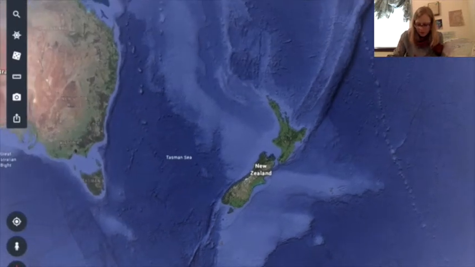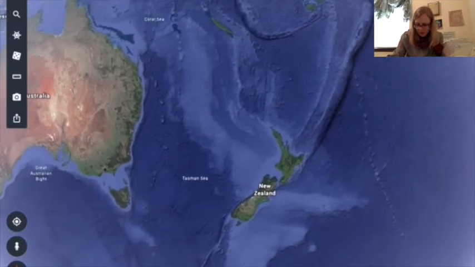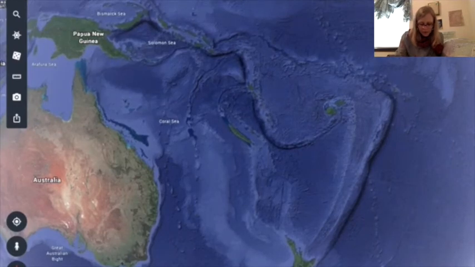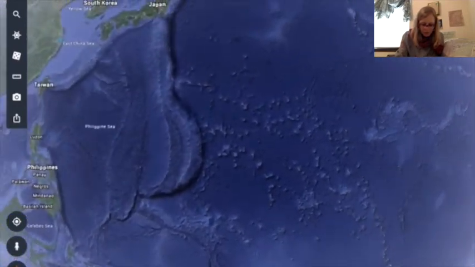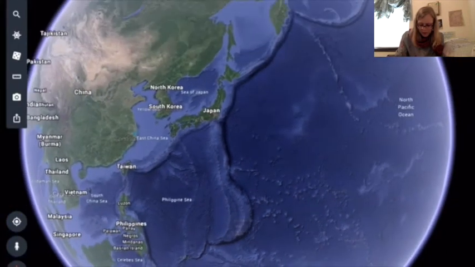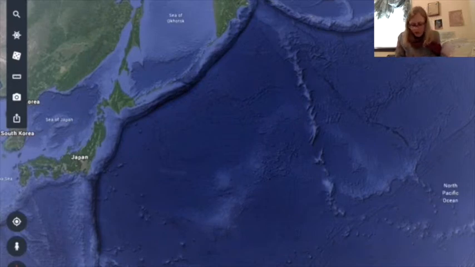This dark line that you see, anytime you see that dark line in the ocean, so you can see a dark line here, you can see a bunch of dark lines in here. If we go back up to, oh, there's a good one right there. That dark line, and this dark line up here. Anytime you see that dark line in the ocean, it means it's a subduction zone. It's a very deep place.